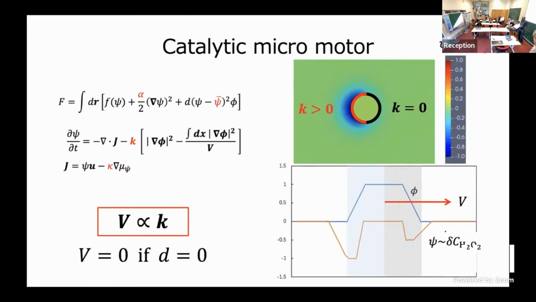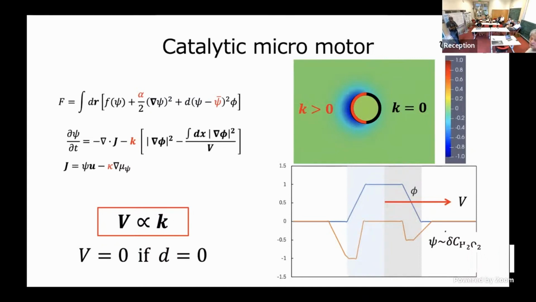Without it, we can still have chemical reaction, and an imbalance of osmotic pressure from one side to the other. But that osmotic pressure imbalance has to be completely cancelled by the incompressibility condition, the hydrodynamic pressure. Therefore, without this term, although we have this chemical reaction, the particle does not move at all.